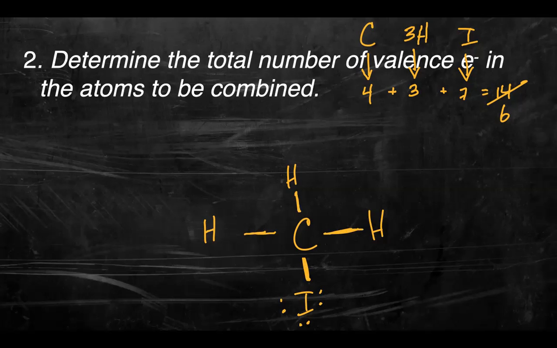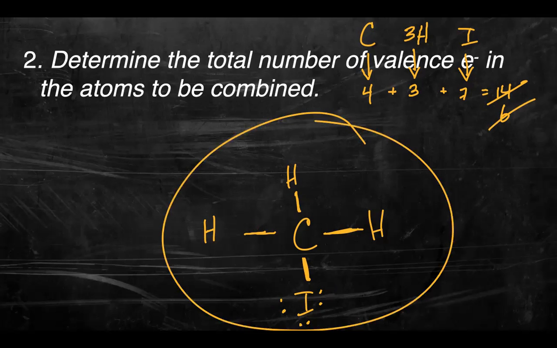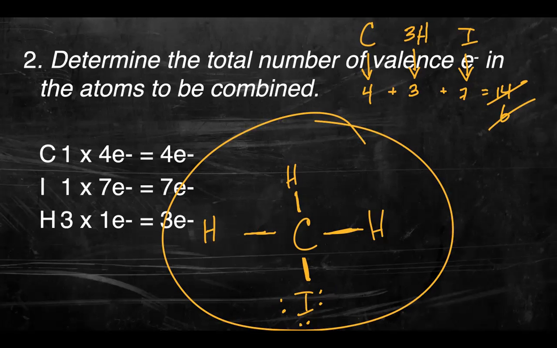So I've got 2, 4, 6, 8, 10, 12, 14. Okay, I've used all of my electrons. So this is the Lewis structure for iodomethane. And don't worry, we'll be doing tons of these.